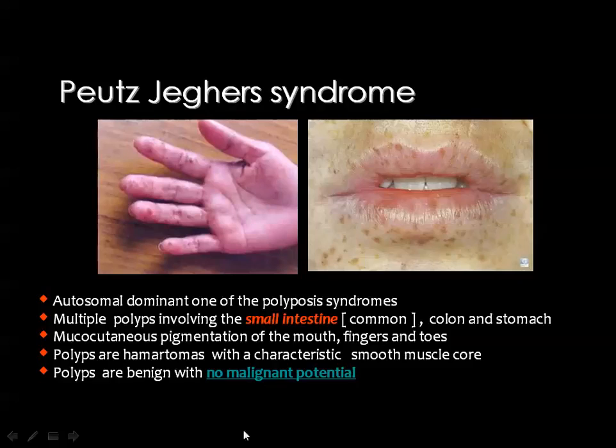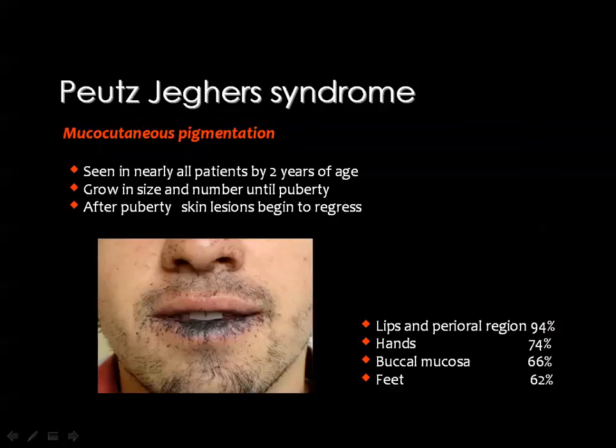Polyps are usually hamartomas, and they are on the benign sector with a smooth muscle core, and they have no malignant potential.